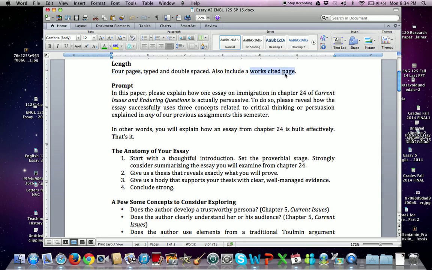That's not included. You're going to explain how one essay on immigration in chapter 24 of our textbook, Current Issues and Enduring Questions, is actually persuasive. To do so, you have to please reveal how the essay successfully uses 3 concepts related to critical thinking or persuasion explained in any of our previous assignments this semester.